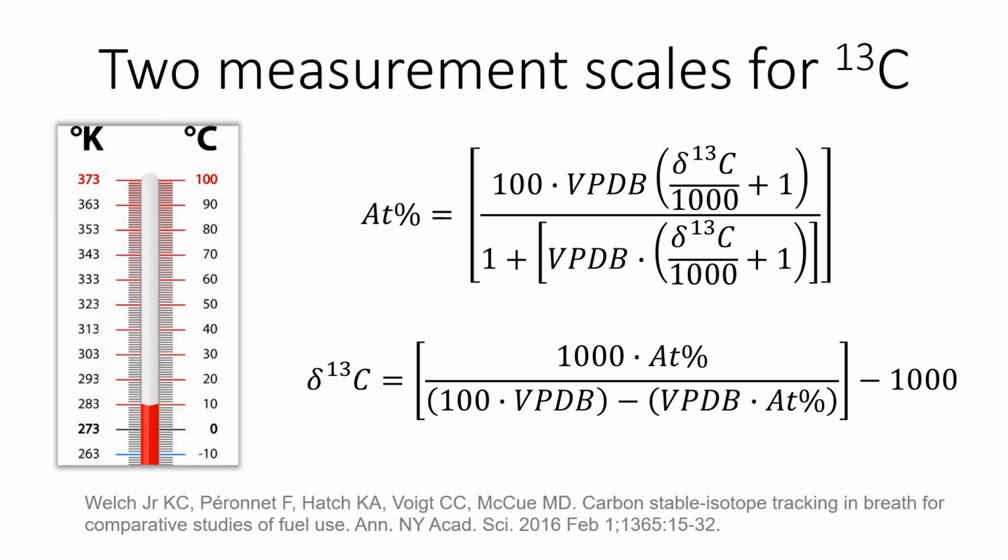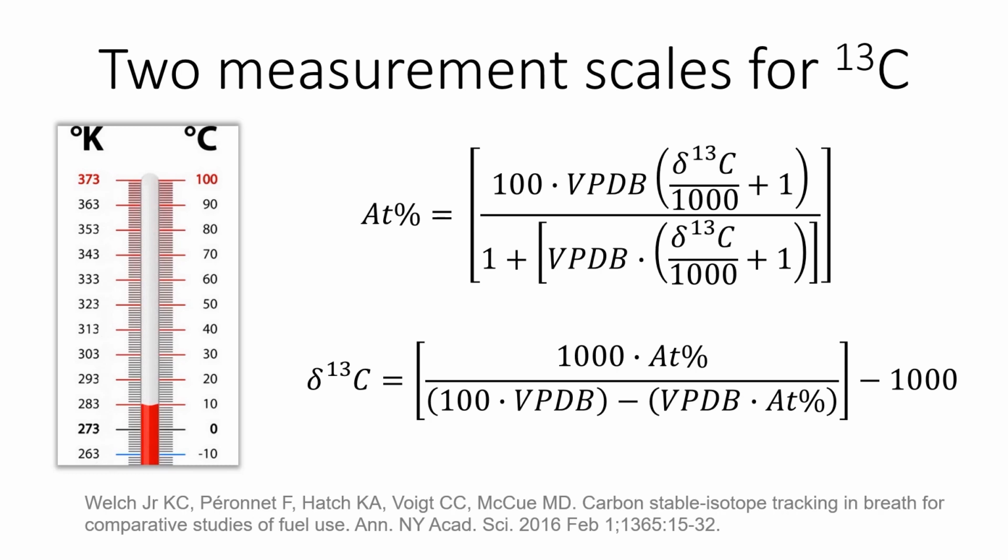So Celsius, often used by biologists, and Kelvin, used by physicists or chemists, represent two scales for measuring temperature. And those units can be interconverted depending on the convention. But the same is true, fortunately, for measures of stable isotopes, where geochemists and ecologists tend to use delta values, and some clinical biologists use a unit called atom percent, abbreviated AT%.